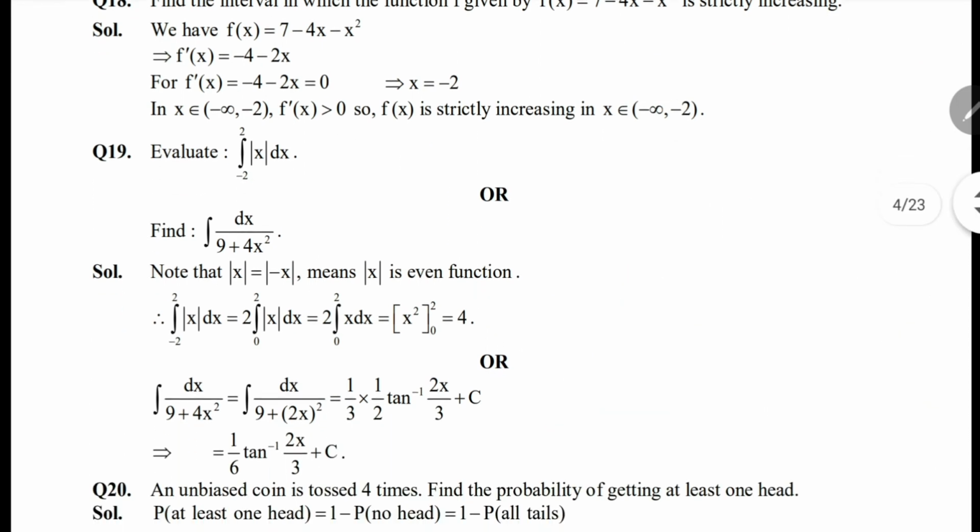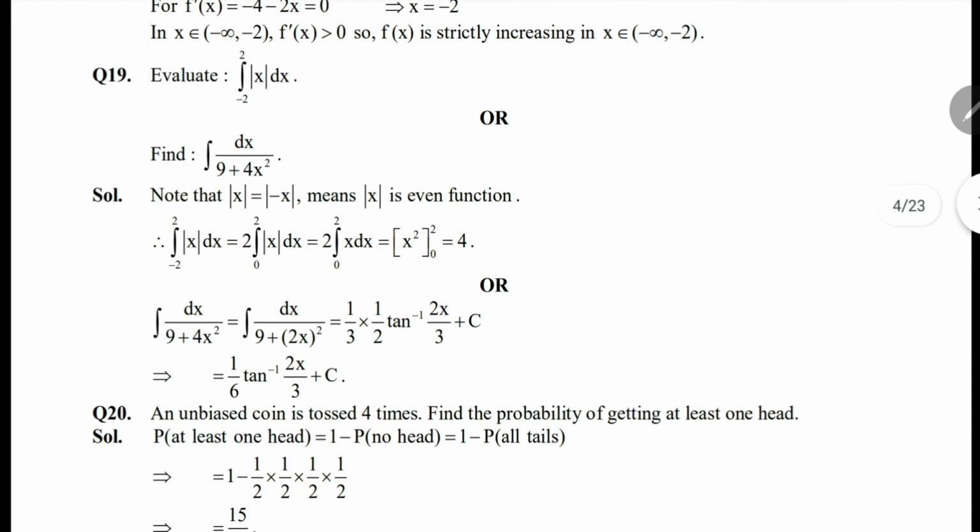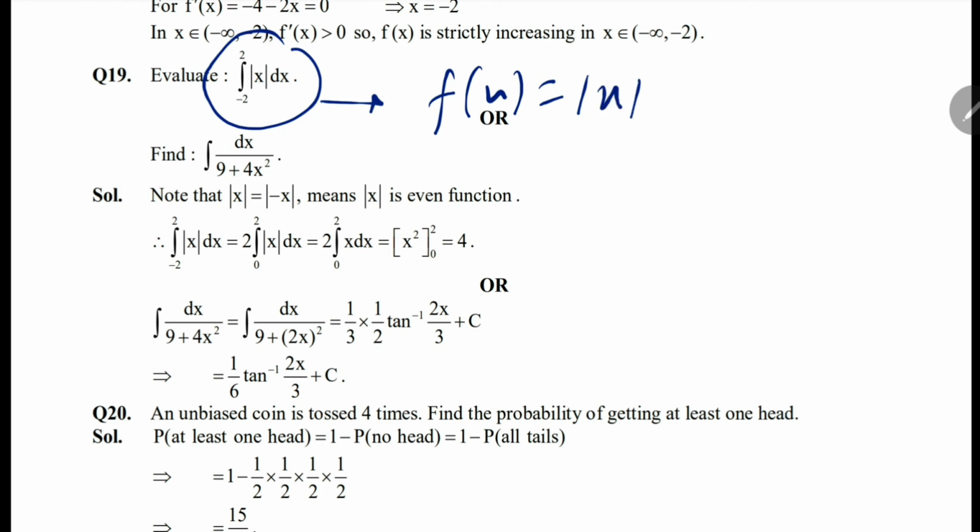Now moving further on question number 19, this problem is from integration, and it is from definite integration basically. So we have a function which is modulus x. As per the given intervals, the upper limit and lower limit, you can just predict it should be using the even-odd functions property.